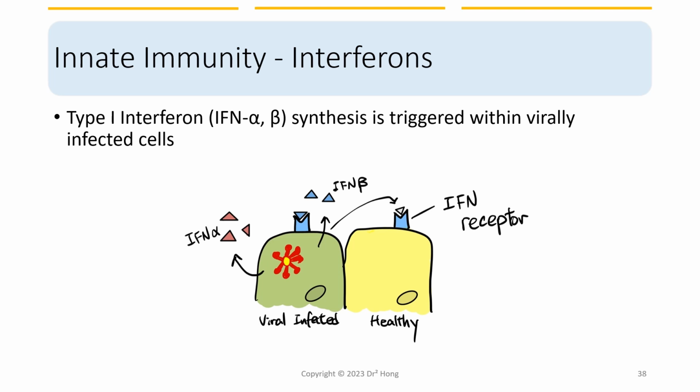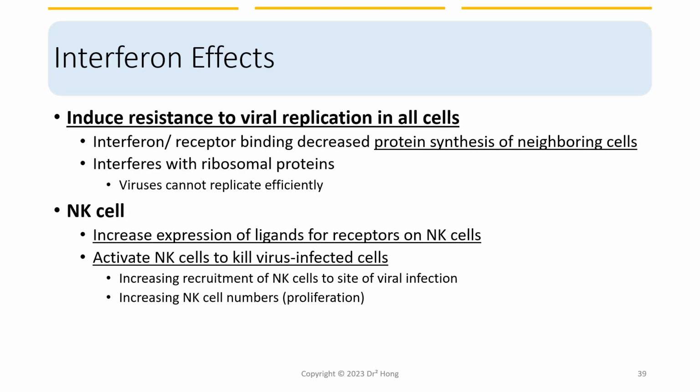Now these interferons have some roles, and let's look at what they do. Now, collectively, the interferons have three major effects. And the first one is to induce resistance to viral replication in all cells, including neighboring healthy cells as well as the infected cells.